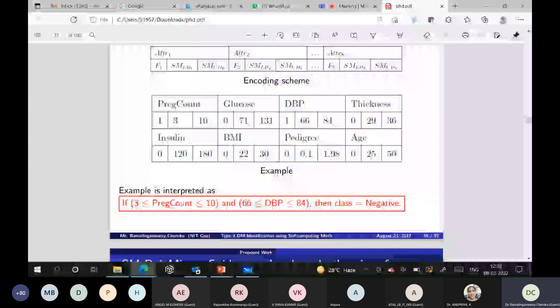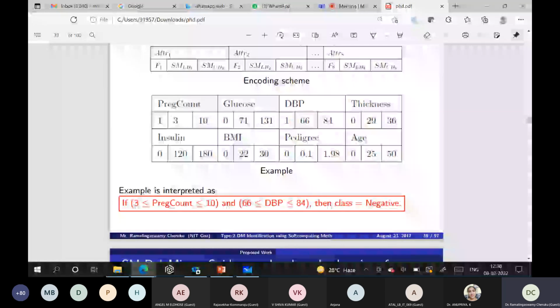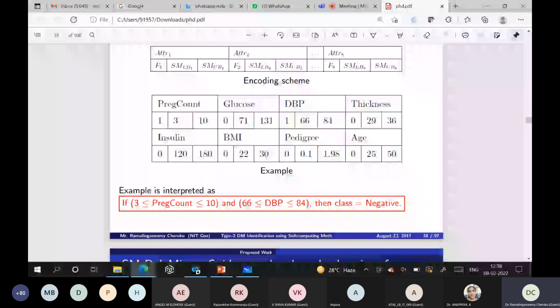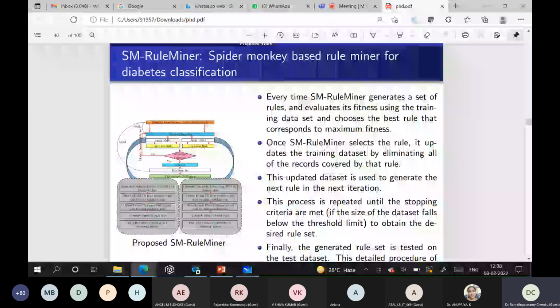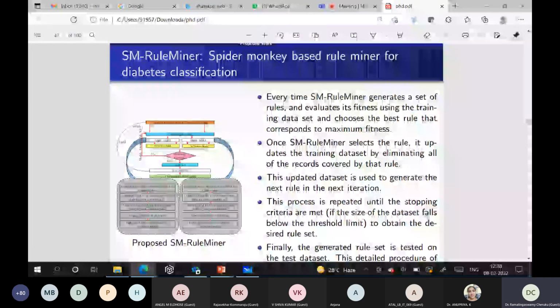As the pregnancy count and the DBP have 1, we took 3 less than or equal to pregnancy count less than or equal to 10. The same rule can be interpreted like this: the pregnancy count is between 3 and 10, and DBP, diastolic blood pressure, is between 62 and 84. Then we can say the class label is negative, because when this particular rule was generated from the negative data, obviously the class label will be negative. Right. So this is the overall rule generation process.